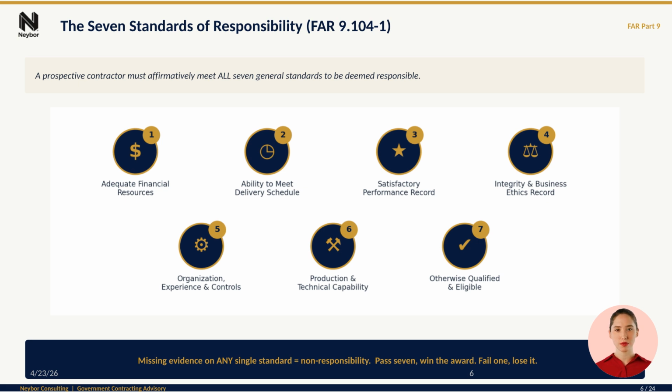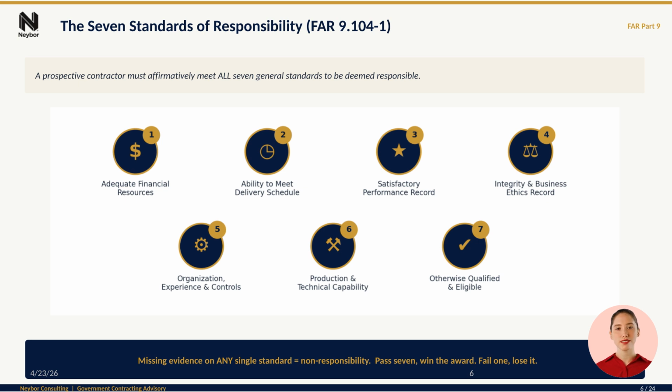Here are the 7 general standards from FAR 9.104-1. Every prospective contractor has to affirmatively meet each one. 1. Adequate financial resources, or the demonstrated ability to obtain them. 2. The ability to comply with the delivery or performance schedule, given your other commercial commitments. 3. A satisfactory performance record.